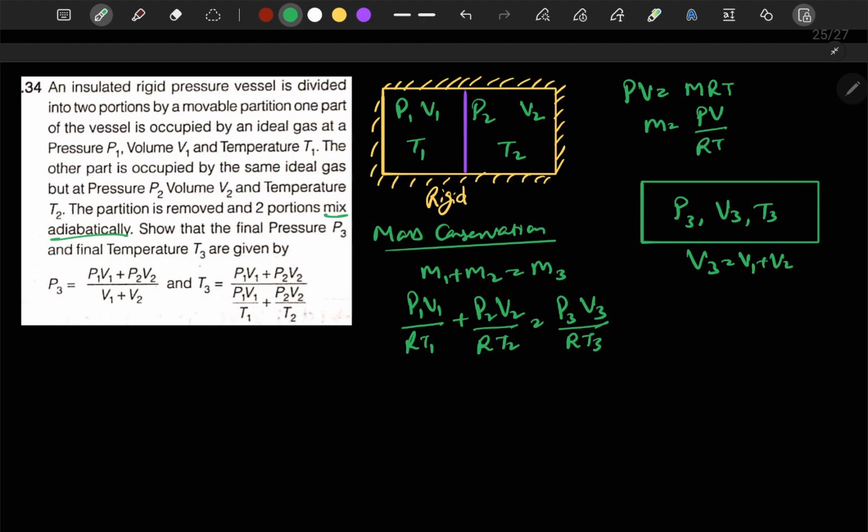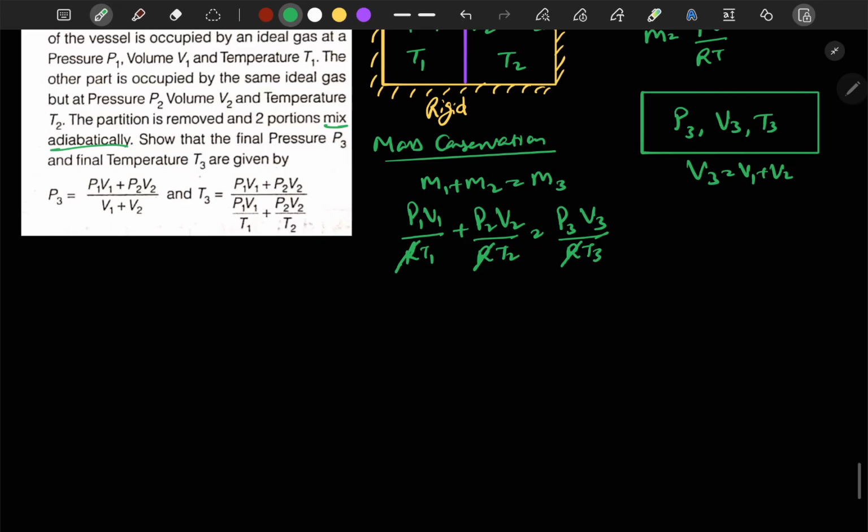From here we can cancel the R values, and we can calculate the T3 value. So T3 is equal to P3V3 upon P1V1 by T1 plus P2V2 by T2.